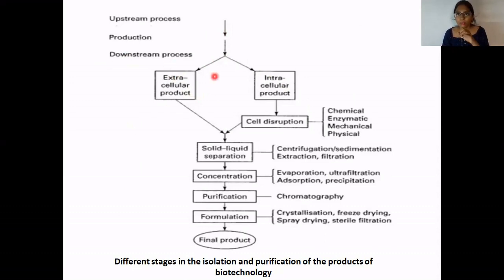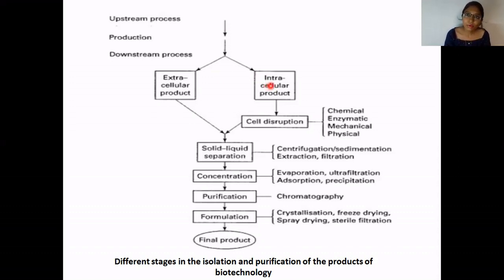That means the microorganisms have made the product and it is already released into the fermentation broth. Another one is the intracellular product. That means the microorganisms have made the product, but it is still present inside the cell. It has not come outside the cell.